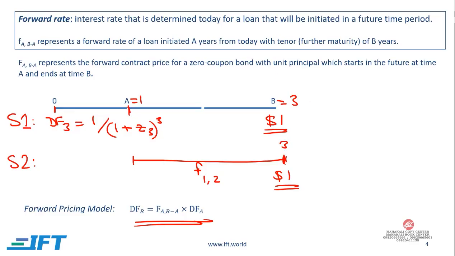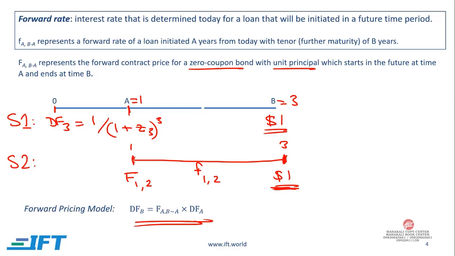So at time 3, we get $1. What is the price over here at time 1? The price is going to be given by F1 comma 2. And I just explained where that's coming from. So this is the price of a 0 coupon bond with unit principal, so $1, which starts at this point, time 1, and ends over here. So this is the price at time 1.